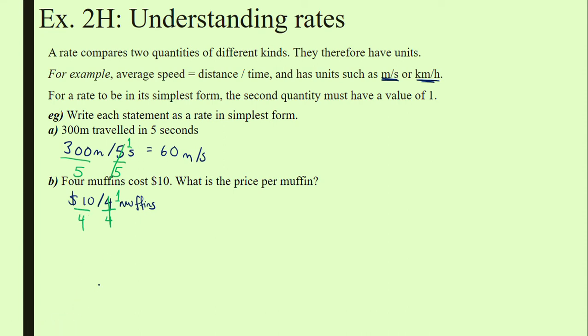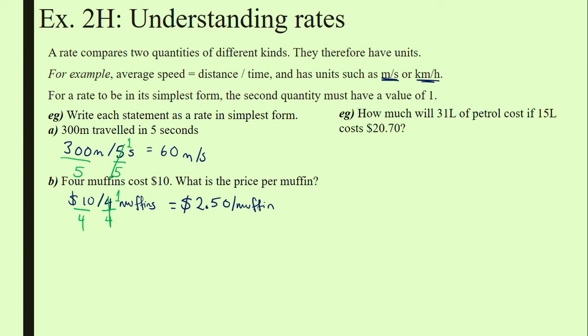And that gives us, you might be able to do that in your head, I hope that you know that 1/4 of $10 is $2.50 per muffin. So we do read the slash as per, so meters per second, $2.50 per muffin.